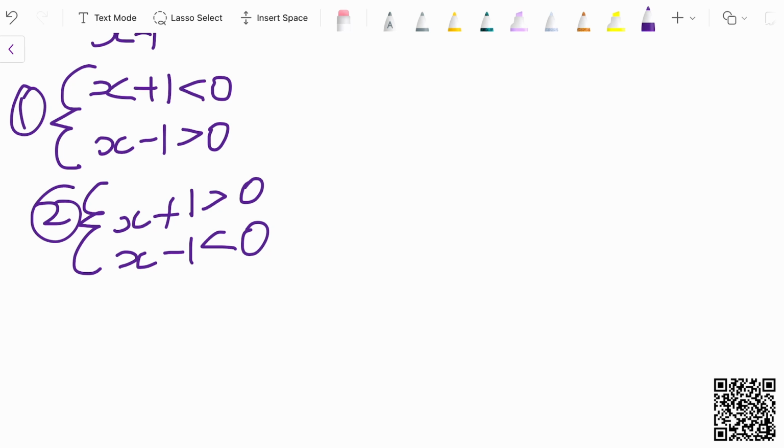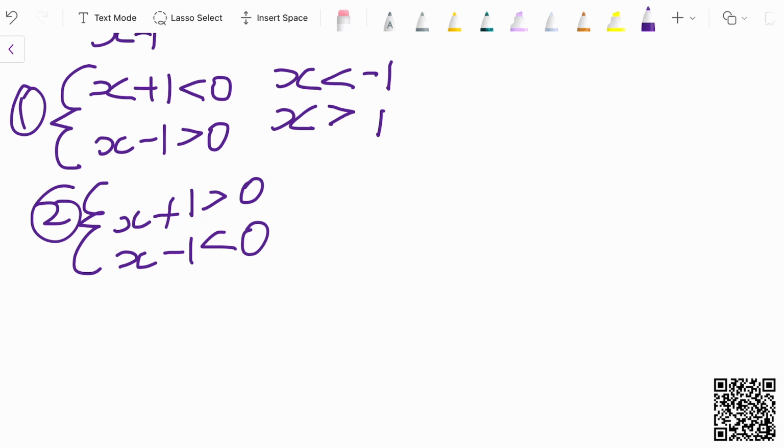So looking at this, if x plus 1 is less than 0, that means that x has to be less than negative 1 because you move the 1 to the other side. Or, under the second circumstance, x has to be greater than 1. But this doesn't make any sense because a number cannot be less than negative 1 and greater than 1 at the same time. So circumstance 1 is a flop.